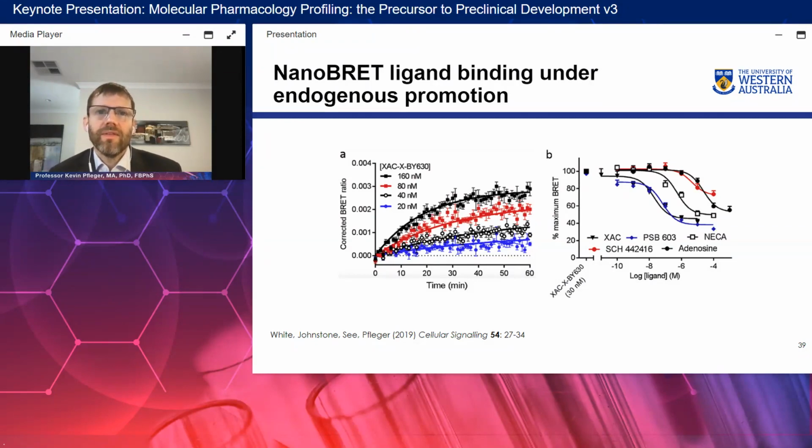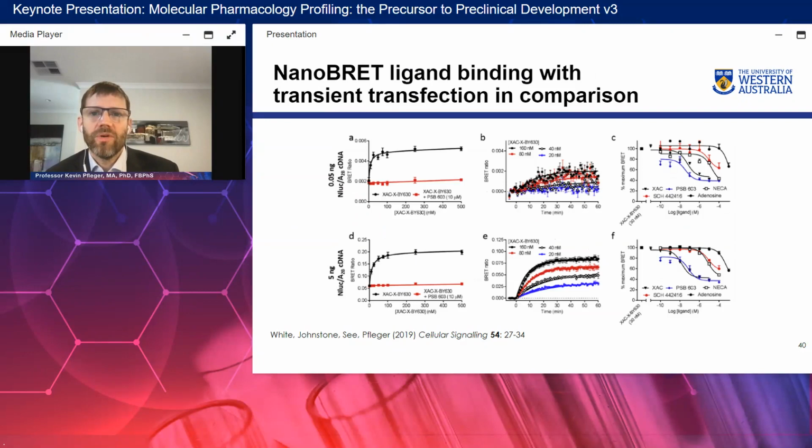We can illustrate this with kinetics. So again, we can establish KDs using this kinetic profile, and this generates some really nice concentration response data, as you can see in panel B. Remembering this is with very, very low expression of receptor in these CRISPR cell lines.